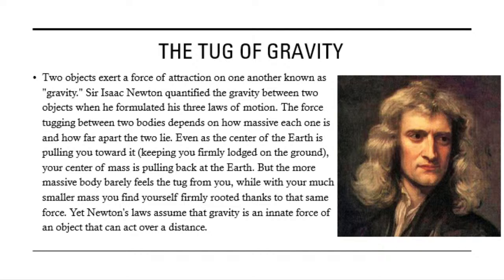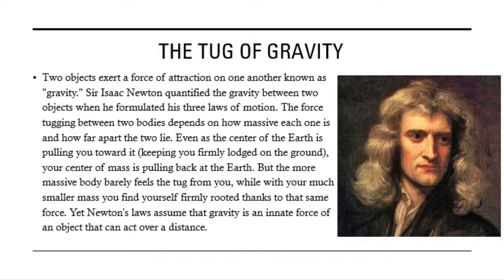The force tugging between two bodies depends on how massive each one is and how far apart the two lie. Example, let's take the earth and any random person. The earth is pulling you towards it, which is what keeps you firmly lodged on the ground.